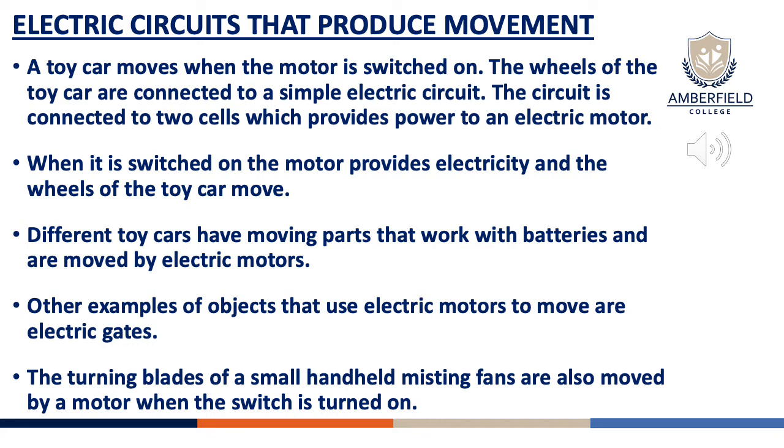Now, the different toy cars have moving parts that work with batteries and are moved by electrical motors. Other examples of objects that use electrical motors to move are electrical gates. The turning blades of a small handheld misting fan are also moved by a motor when the switch is turned on. So when we think of circuits that produce movement, we need to look at how this toy car moves.